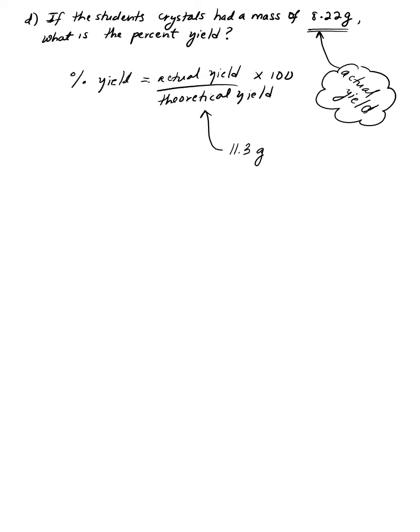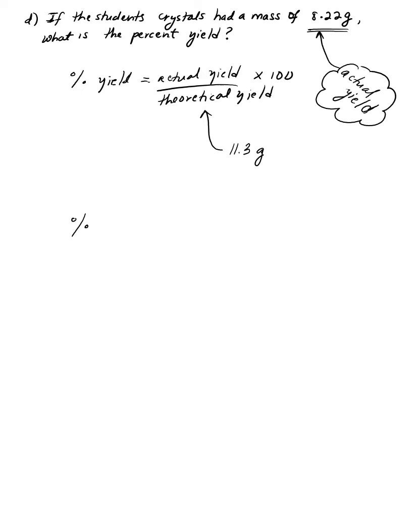We calculated theoretical yield as two amounts. It's the same amount but with different units. You have your theoretical yield as 0.198 moles of your product AB, and in letter C your 11.3 grams. Those two amounts represent the same thing, the theoretical yield, just with different units. Since the actual yield here is given in grams, you should use your theoretical yield also in grams so your units will cancel out.